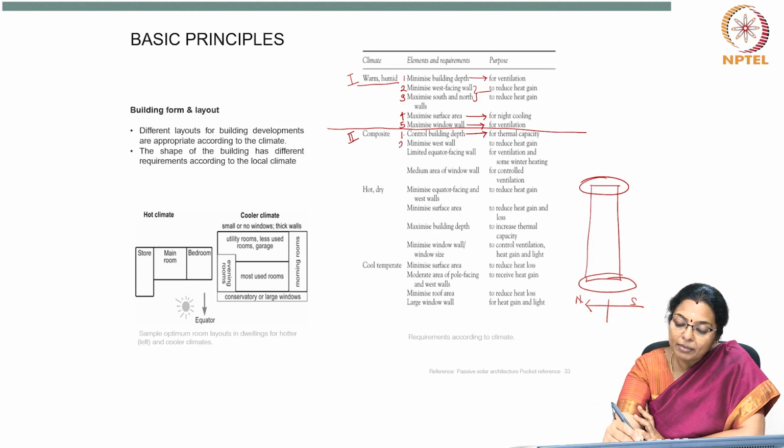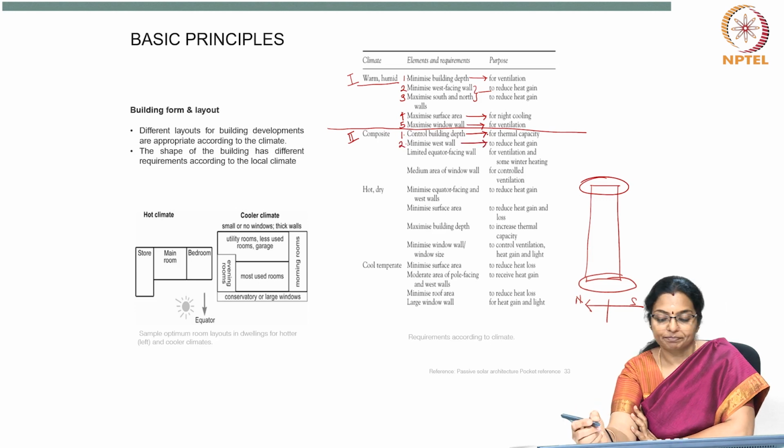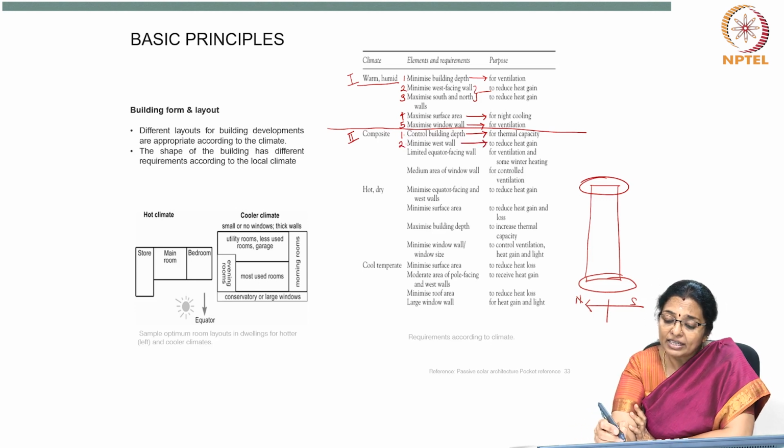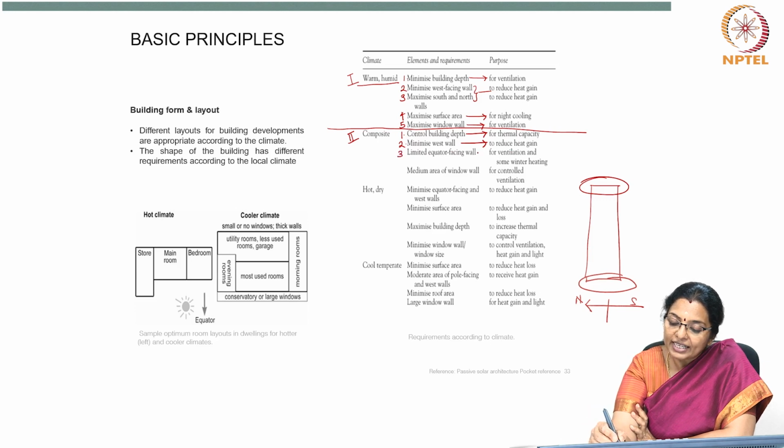You must minimize the west wall to reduce heat gain. You should have limited equator facing wall for ventilation and some winter heating. Medium area of window wall must be available for controlled ventilation.